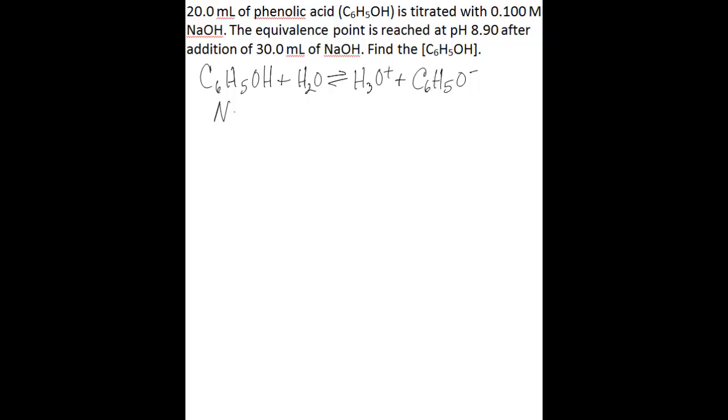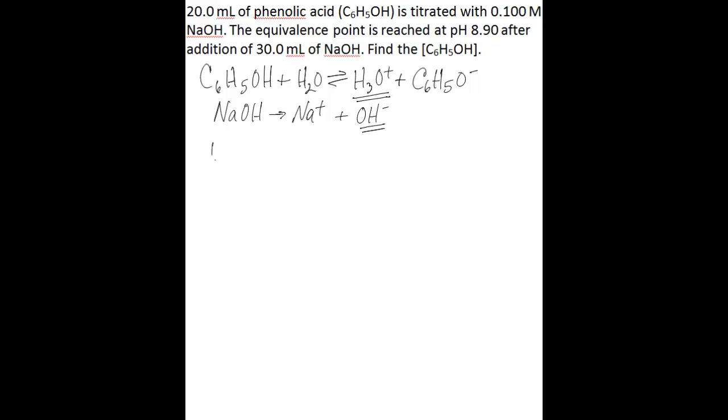Sodium hydroxide is a very strong base and will pretty much completely dissociate in solution to give sodium ions and hydroxide ions. So the neutralization reaction will occur between the hydroxide ions that come from the sodium hydroxide and the hydronium ions that come from the acid dissociation reaction of phenolic acid and water.